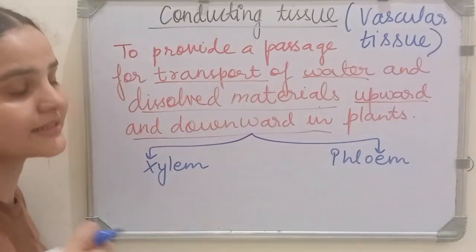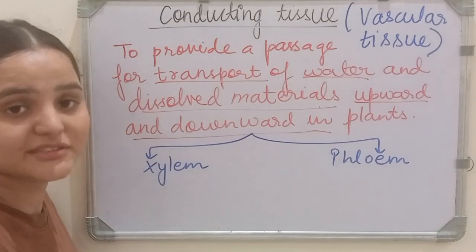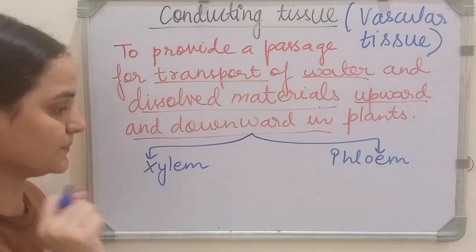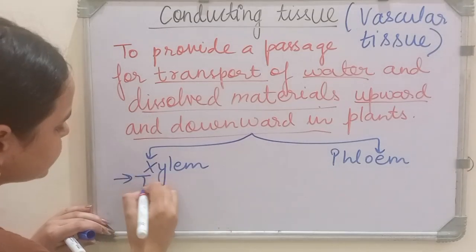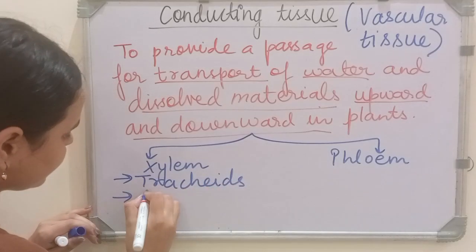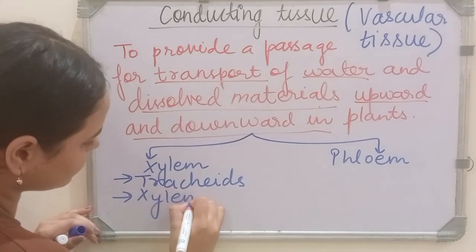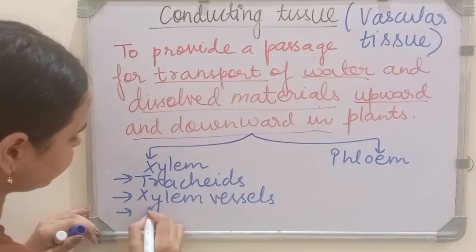This xylem is basically responsible for the transport of water, and the phloem is responsible for the conduction of food. Okay, in xylem we will be studying components like tracheids, xylem vessel, xylem parenchyma.